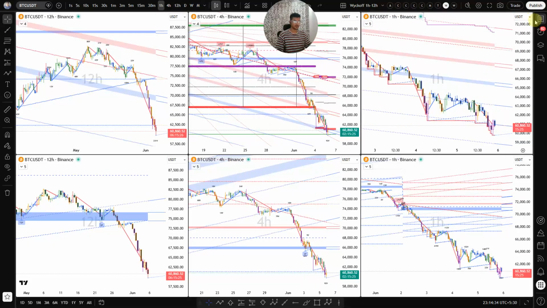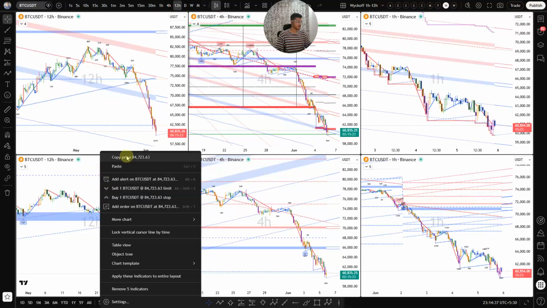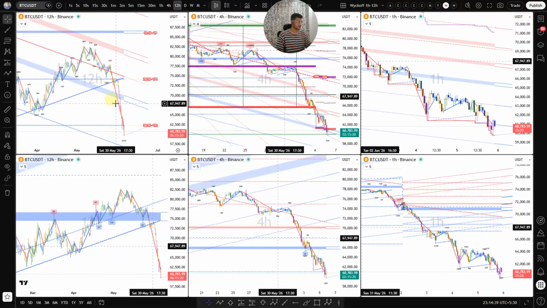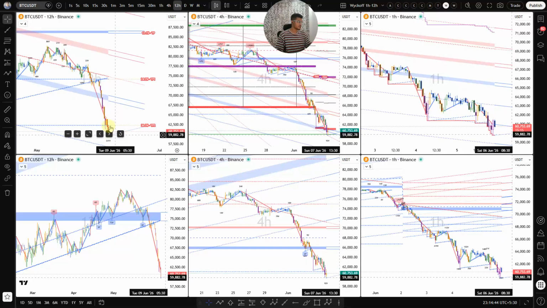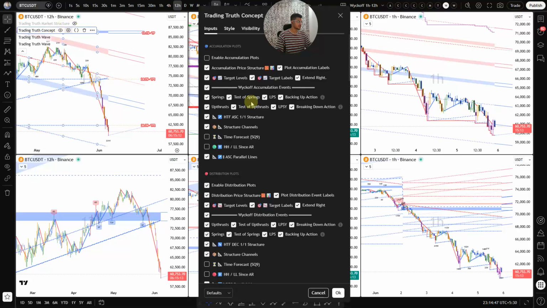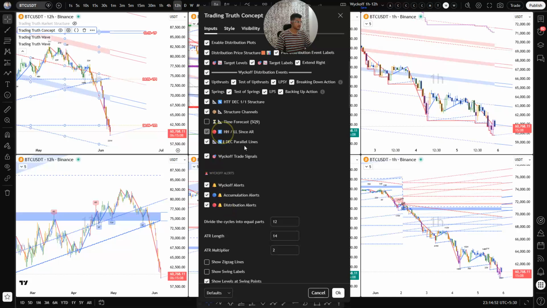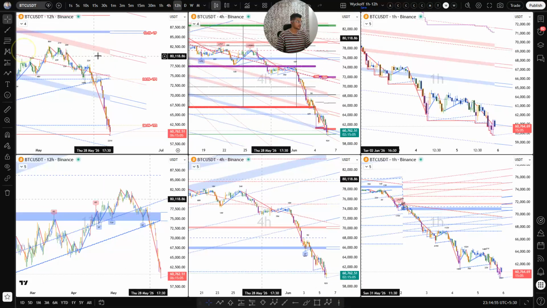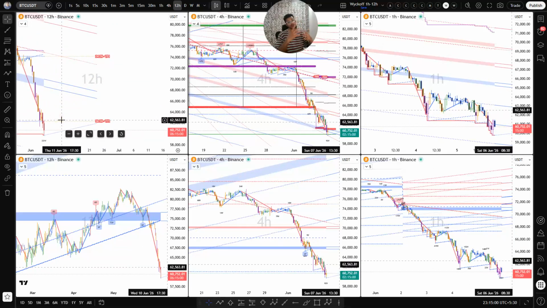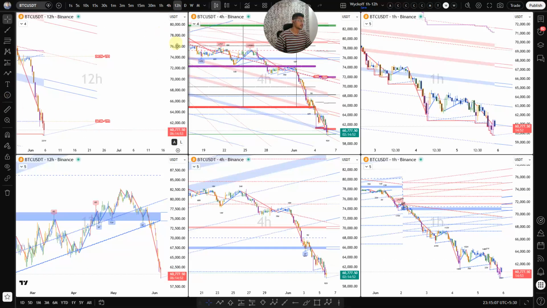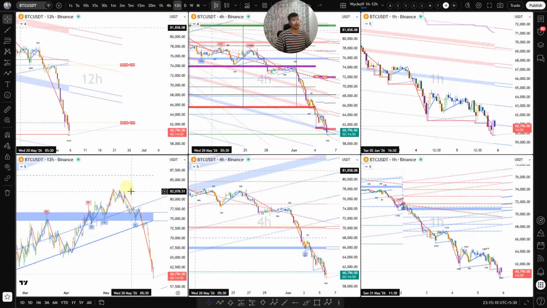Okay, let's do an analysis of where it's going to stop. Technically speaking, it is making a new low. When the down wave completes and the up wave starts, then we can actually look for a long trade, and we will look for divergence as well.